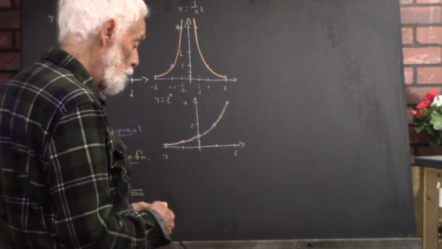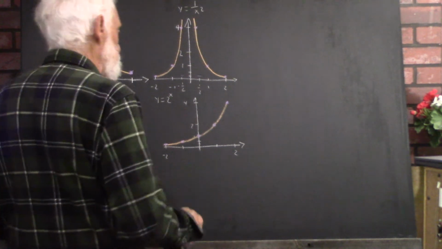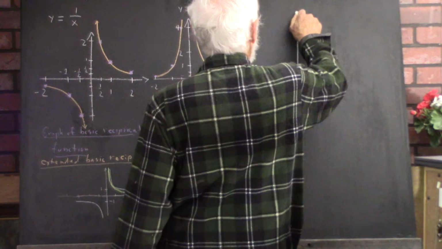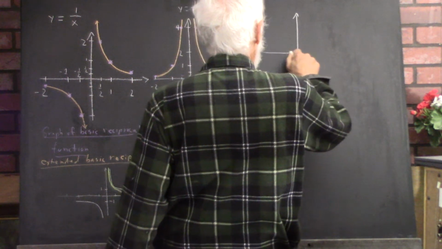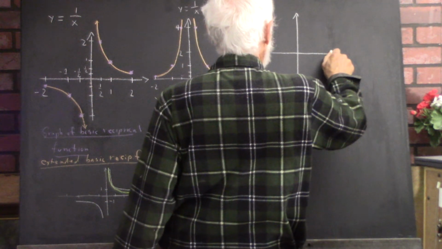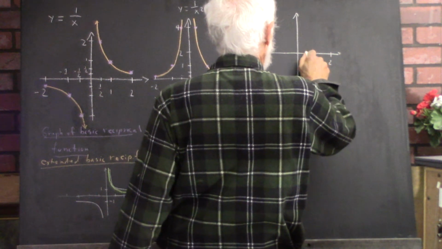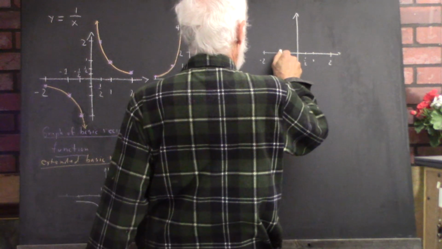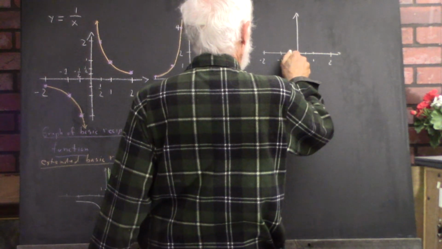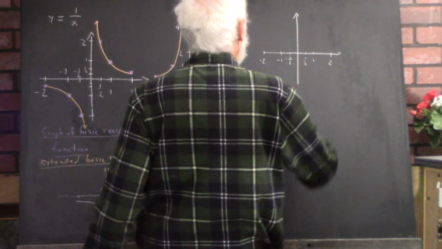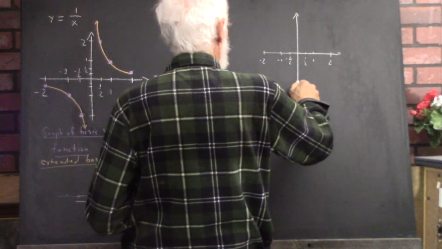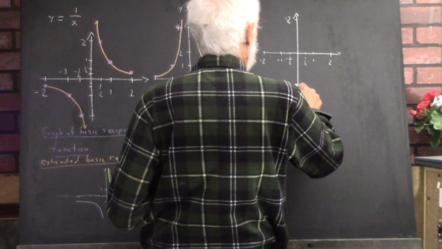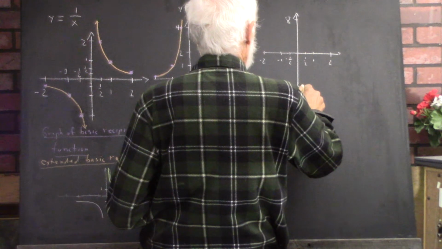Now the basic cubing function, quite easy to graph. Now the values have to go all the way up to 8 and all the way down to negative 8.